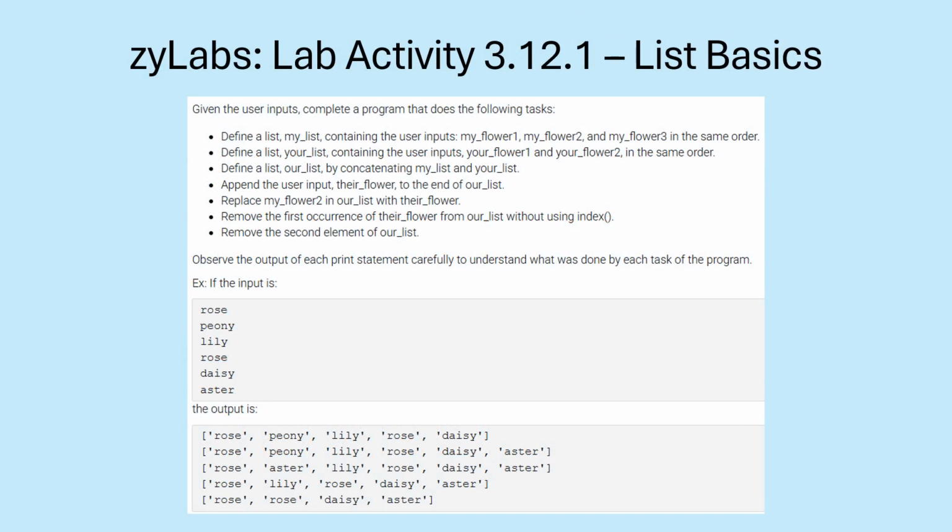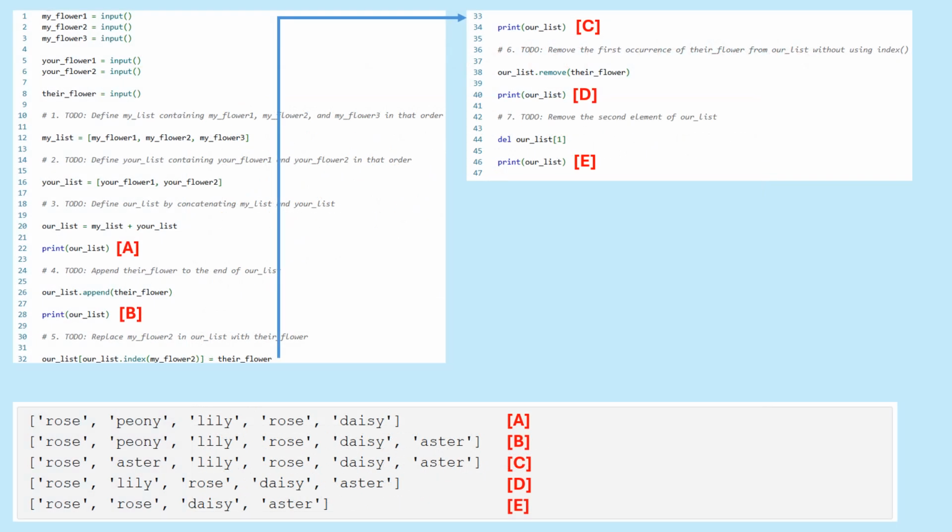This information is covered in the zyLabs activity 3.12.1, List Basics. I won't go through the entire instructions, but in essence, it says that given the input shown, it should provide the output shown. Here is the work I provided for that zyLabs activity, with a blue arrow to show the continuation of the code that wouldn't fit on the screen otherwise.